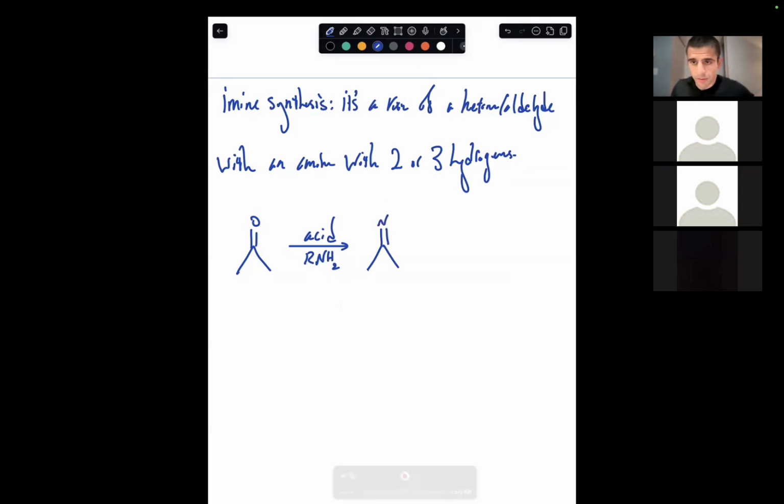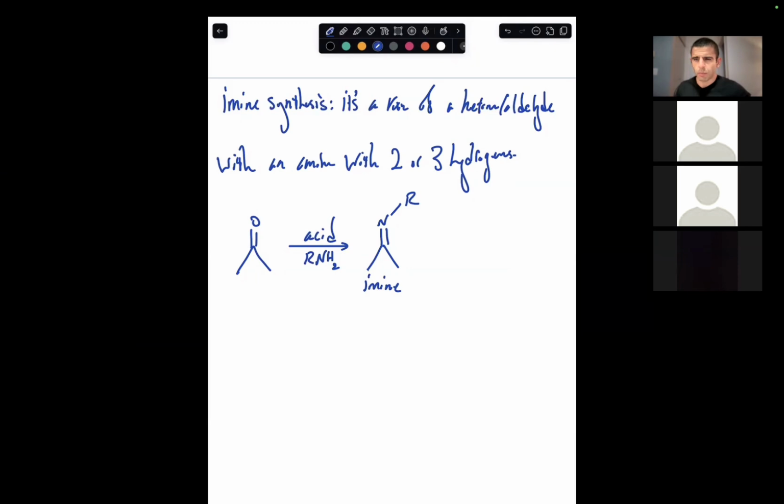So it will be like this. And whatever you have left, it could be a hydrogen, it could be an R group, it will be like this. So this will be an imine. An imine is a nitrogen double bonded to a carbon. So it's very distinctive. You are not going to see it anywhere else in this course.